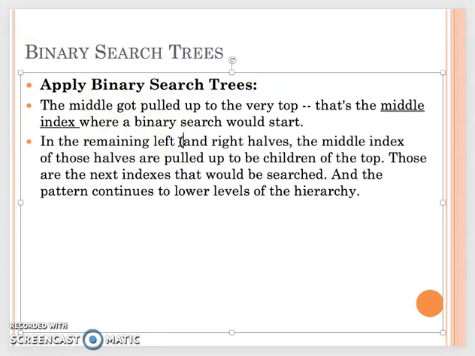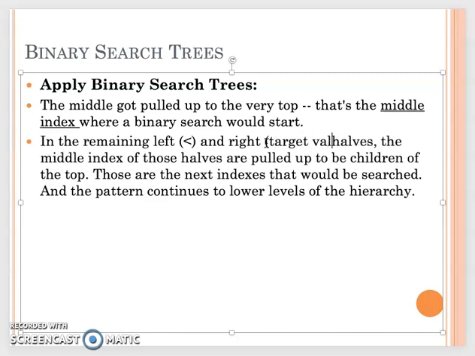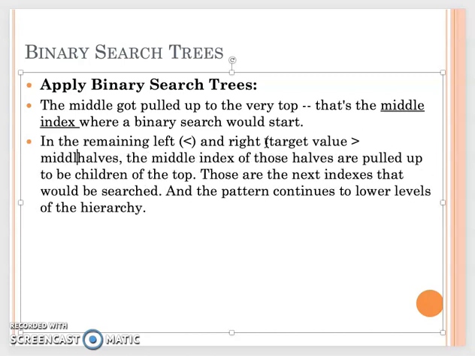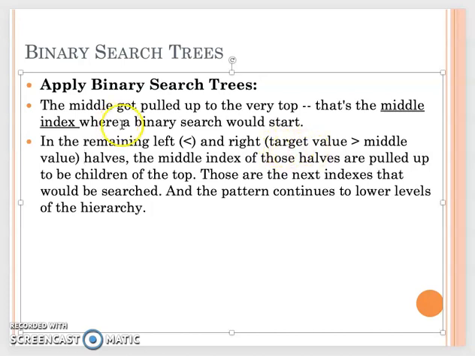Otherwise, if your target value is greater than the middle value, we go to the right-hand side. So that's why your left and right is very clear to see.